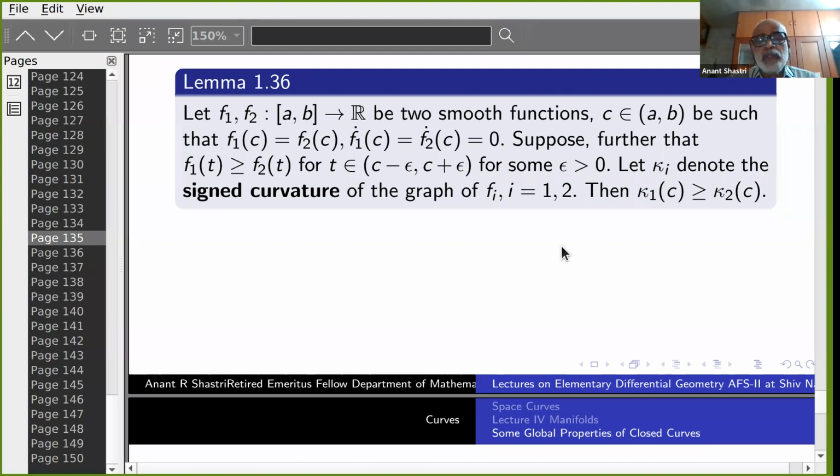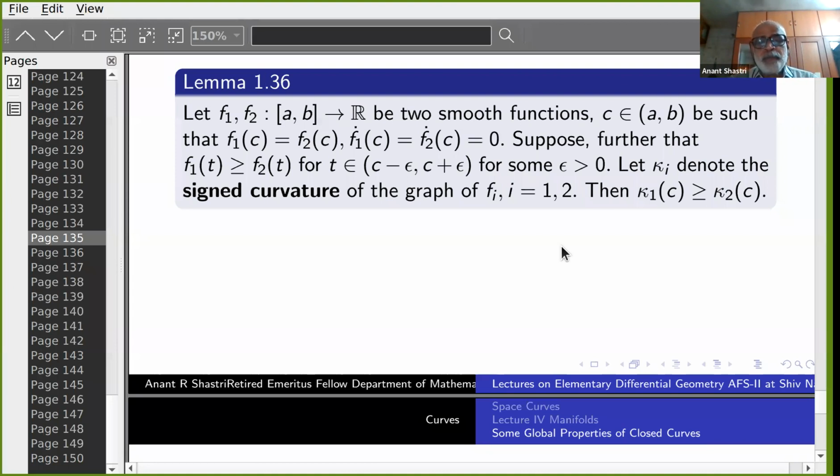Okay. Now you look at the graph of these curves. What is the graph? Graph consists of t comma f(t), right? t comma f1(t) is the graph of f1. t comma f2(t) is the graph of f2. Remember f1 of c equals f2 of c.